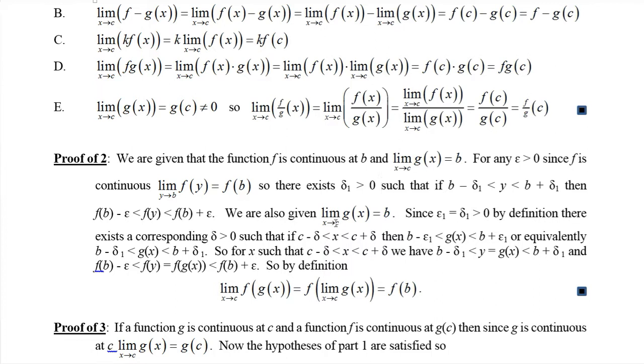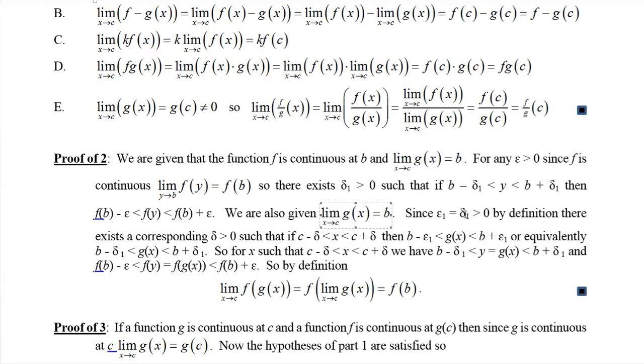All right, now we're also given the limit as x approaches c of g of x is b. Now let's let epsilon 1 be delta 1. So remember, the output for one goes with the input for the other one. The delta that we used up here is going to be our epsilon for the limit here.